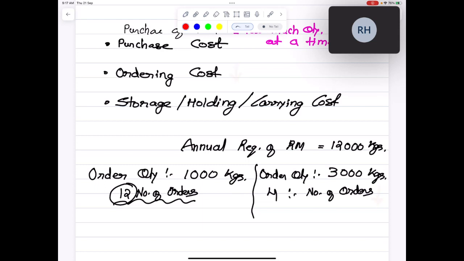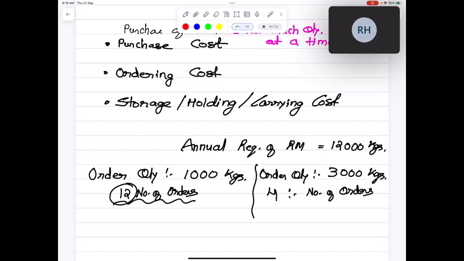The more quantity you order in a single order, the higher will be the storage cost. In this particular case, we only have to handle 1000 kg of raw material at a time, while in this particular case, we have to handle 3000 kg of raw material.